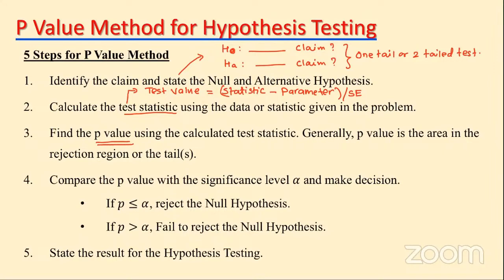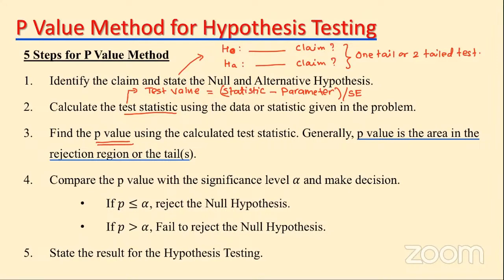Make sure you underline that so you can remember it: the p-value is the area in the rejection region, or the tail region. So you'll draw the diagram and find that area in the tail region.